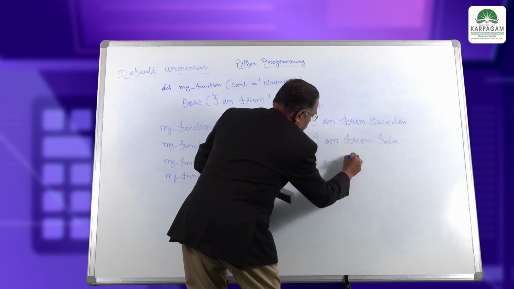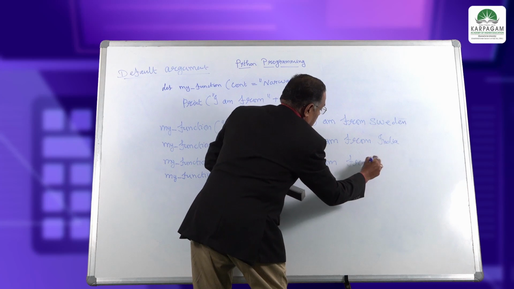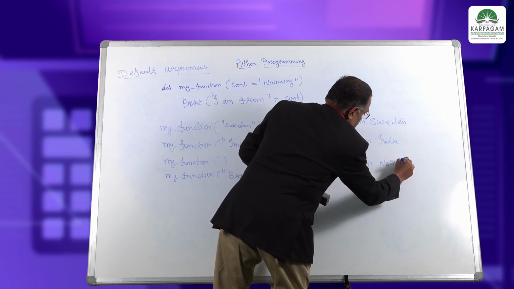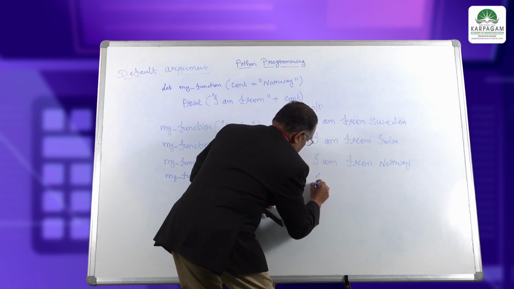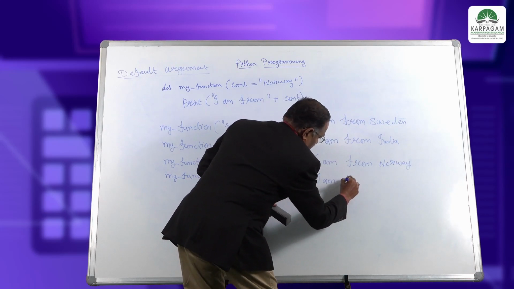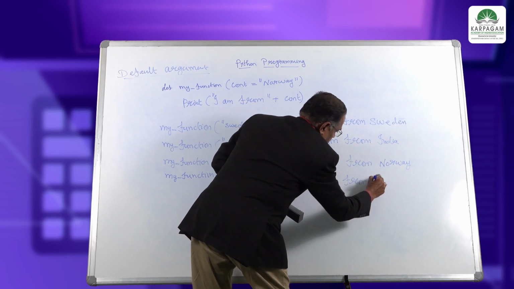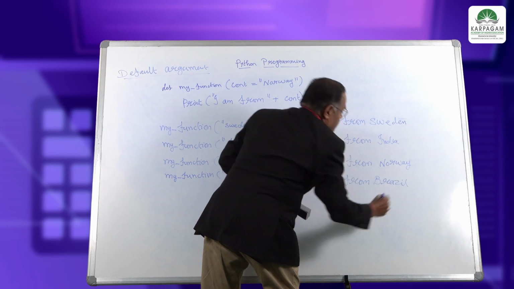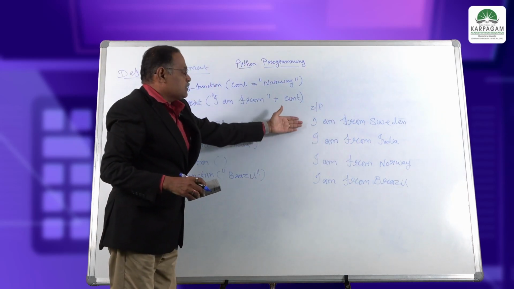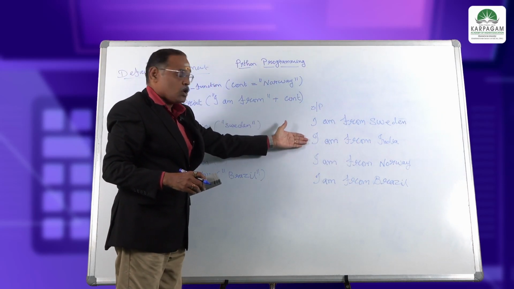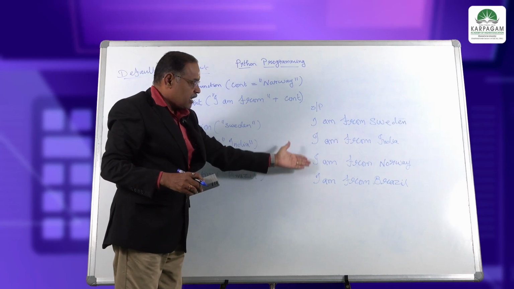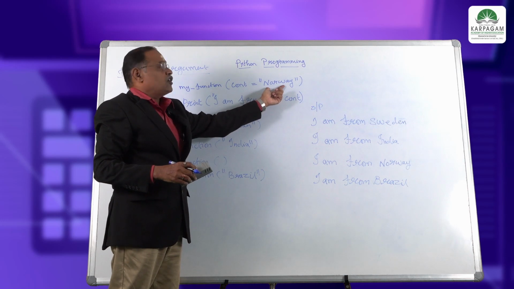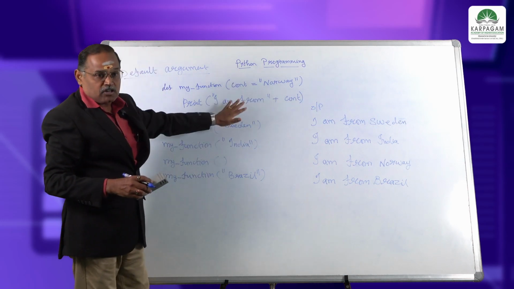I am from Norway. I am from Brazil. So I have given arguments for the first two calls and the fourth, but not the third. The third has been taken from the default argument. This is how the default argument works.